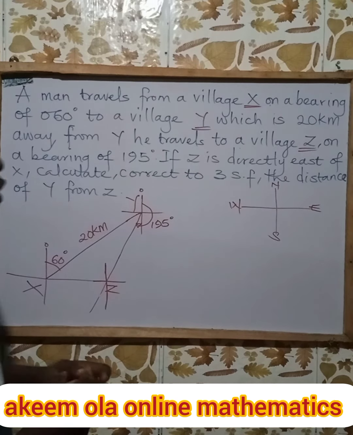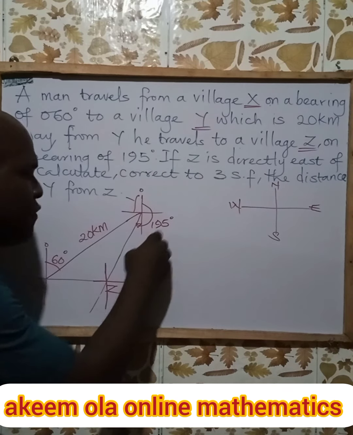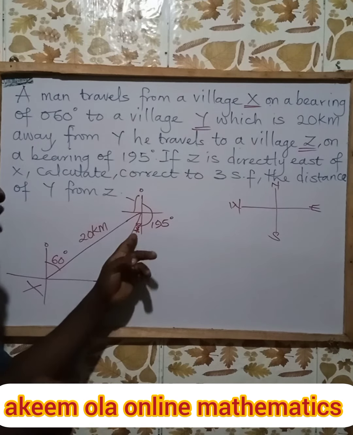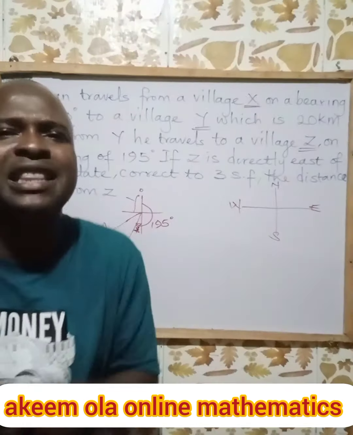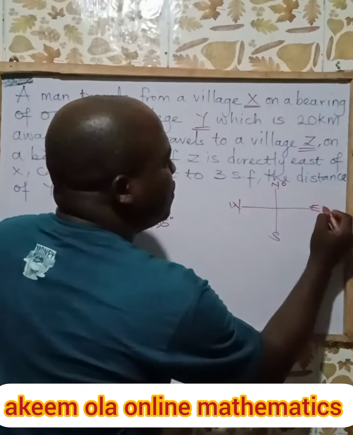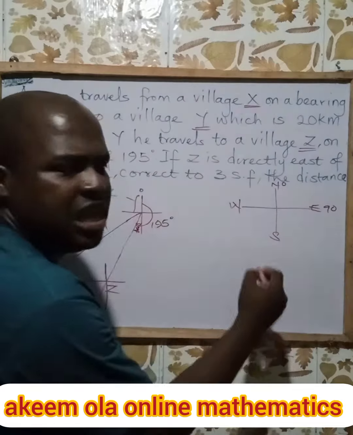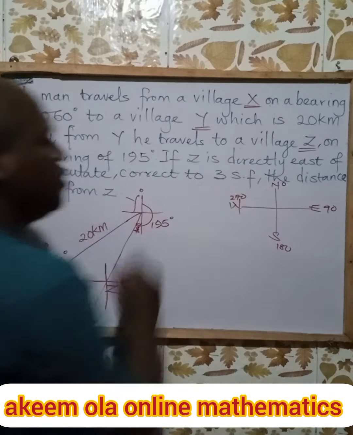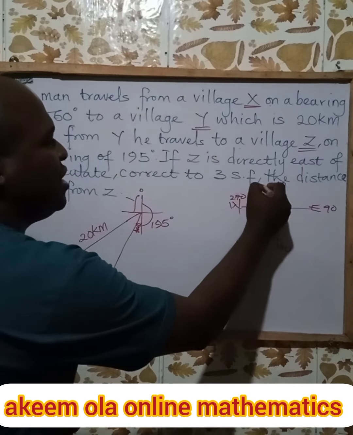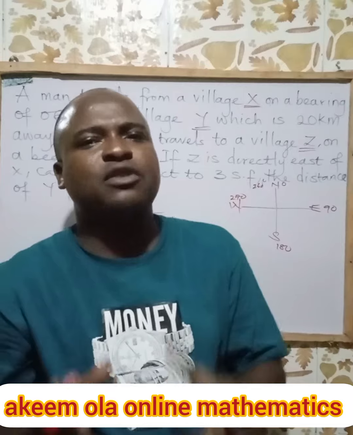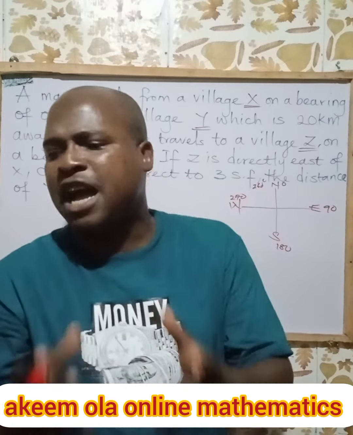So if you check very well, this is 195. We need to get this angle here, and for us to get this angle, we are going to subtract 180 from 195. Because here is 0, here is 90, here is 180, and here is 270. Then here will be our 360 degrees. That is how you name the cardinal points in terms of angle.